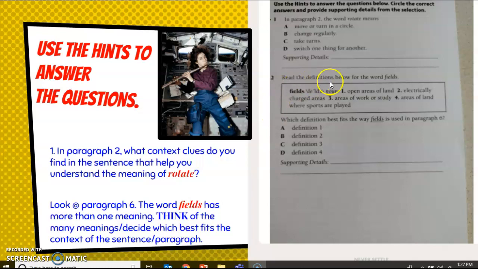So we decided that an open area of land, that doesn't fit. An electrically charged area, no. An area of work or study, possibly. Or an area of land where sports are played. Well, we know that this entire context is about an astronaut.